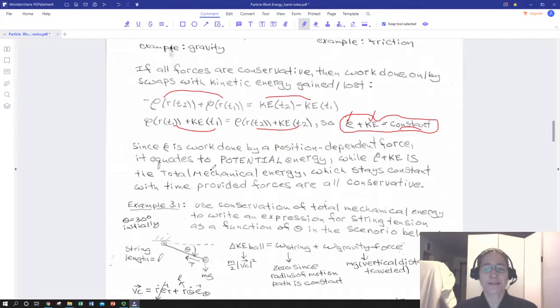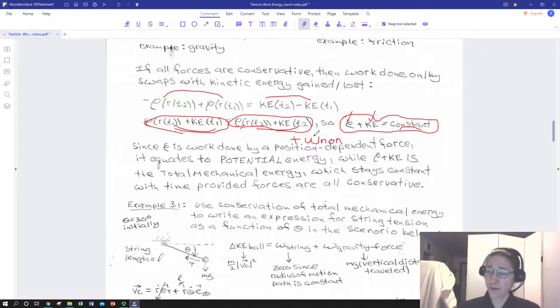That sum is constant. Okay, if you have non-conservative forces, then this isn't going to be constant, and you would simply say your initial state, initial energy, is going to equal your final sum plus work done by non-conservative forces.